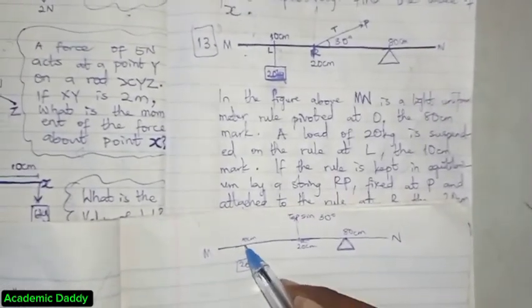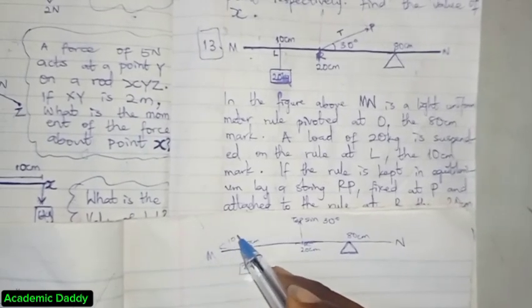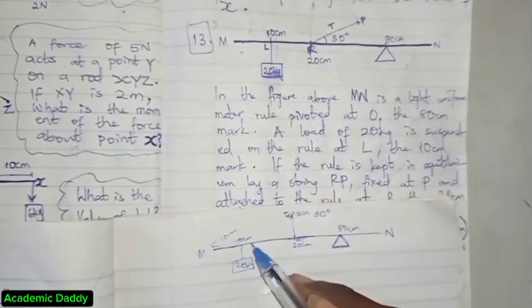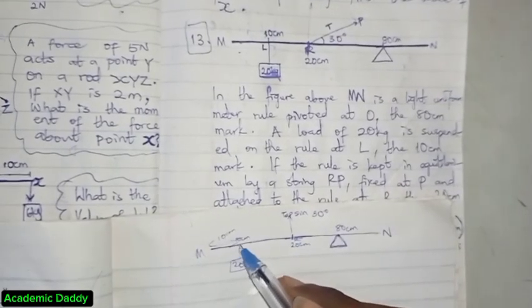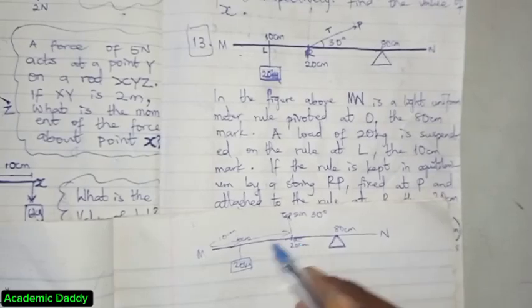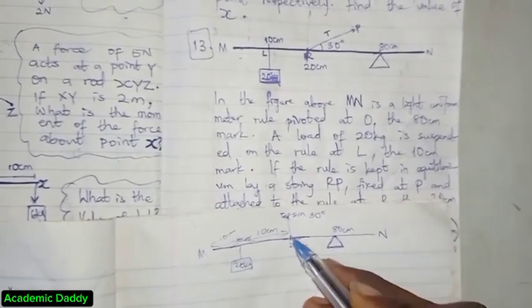So I'll now say, if this is 10, that means from this point to this point is 10 cm. Then if this is 20, that means if I have 10, I have another 10 here, 10 cm.